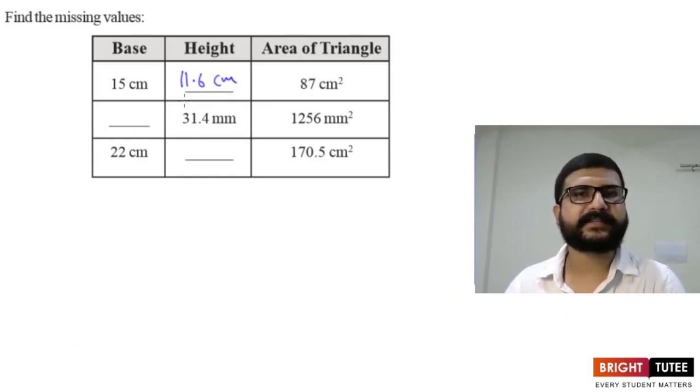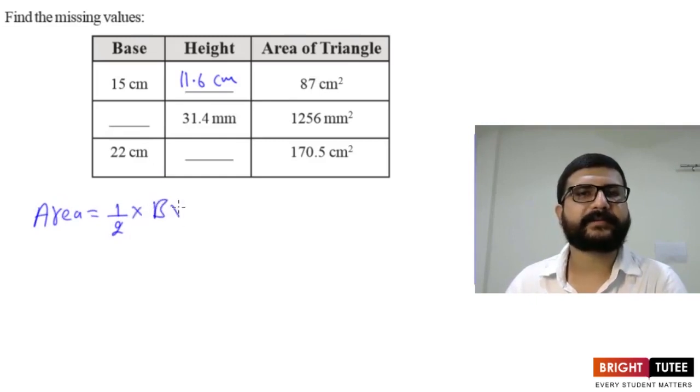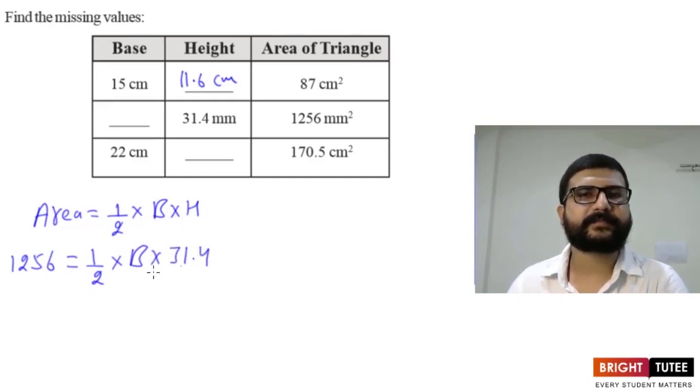Now let's see the second part of the question. Here we have to find base. Height is given as 31.4 millimeter and area of triangle is 1256 square millimeter. So here we will use the same formula. Area is equal to half into base into height. So therefore 1256 is equal to half into base, we have to find, and h is given as 31.4.